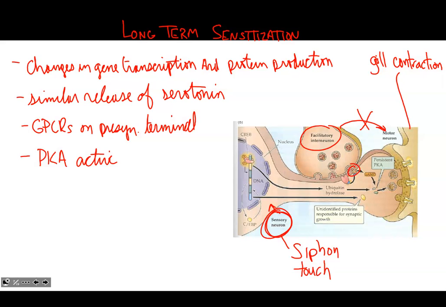Adenylyl cyclase converts ATP to cyclic AMP. Cyclic AMP binds to the regulatory subunits and allows the catalytic subunits to be active. That's all stuff that we talked about in chapter 6, 7. In any case, one of the targets of PKA we talked about last time, potassium channels, with the short-term sensitization.